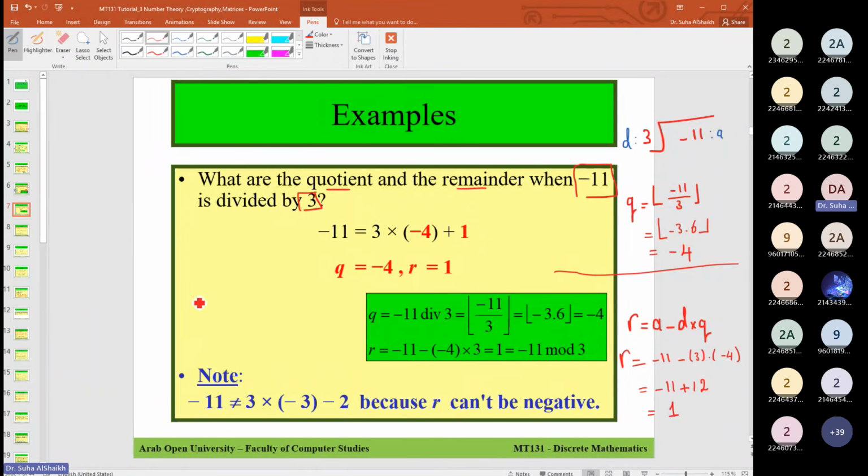So -11 div 3 is Q, equal to -4, and -11 mod 3 is R, equal to 1. Is it clear?